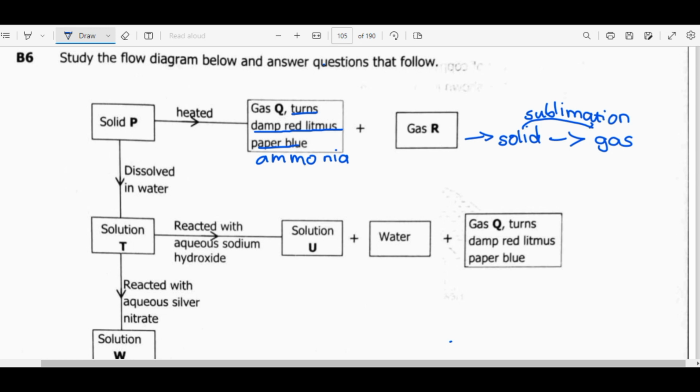So let's look at the word equation for this one. If you have ammonium chloride, and this substance is heated, it is going to sublimize into ammonia plus hydrogen chloride.